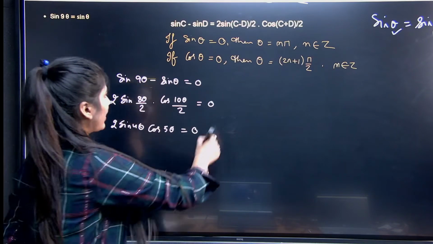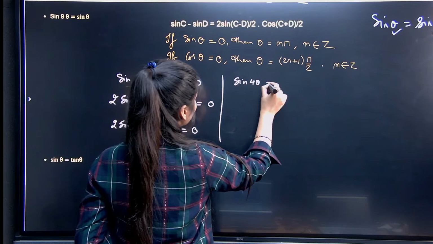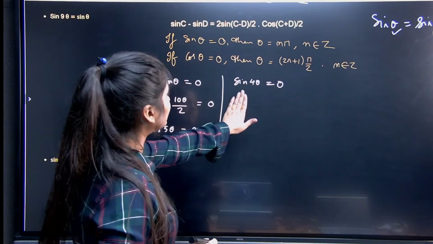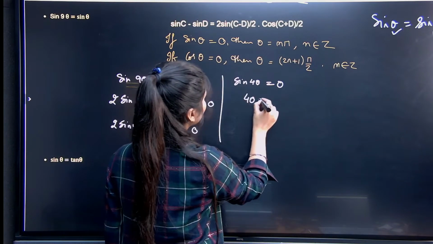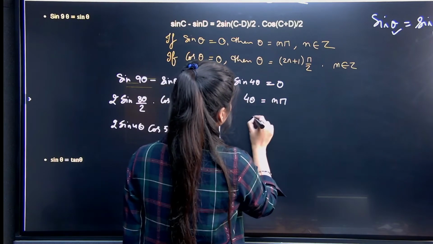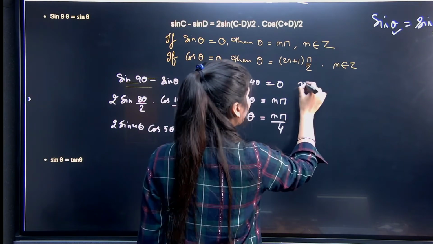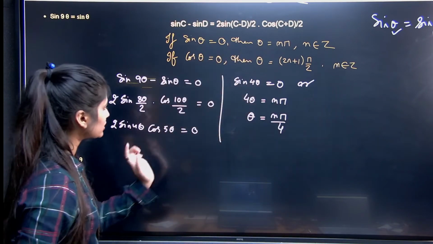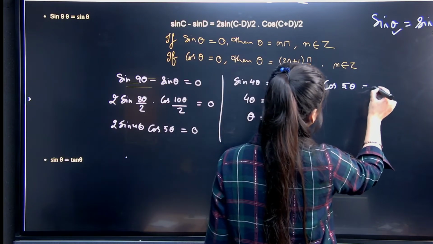For finding general solution, we can write sine 4 theta is equal to 0. Sine theta equal to 0 has general solution theta is equal to n pi, so it is theta is equal to n pi by 4. Or cos 5 theta is equal to 0.